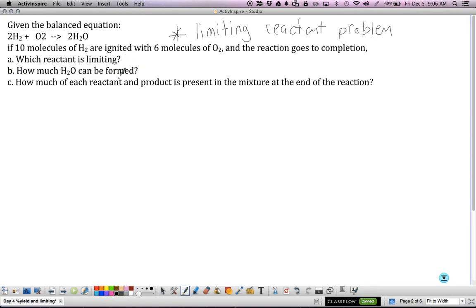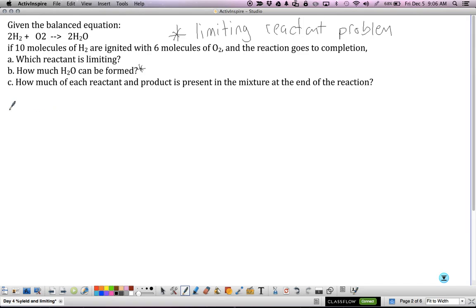So H2O is your product. For question B, we're going to use answering question B in order to find question A. All right, so how much H2O can be formed? Well, it doesn't specify what we're looking for, so why not do the easiest thing, which is moles, right?